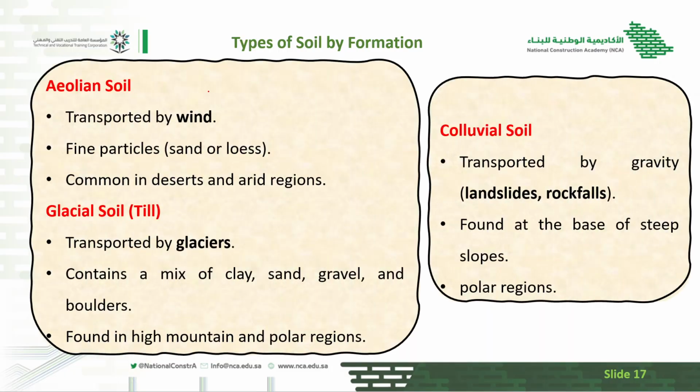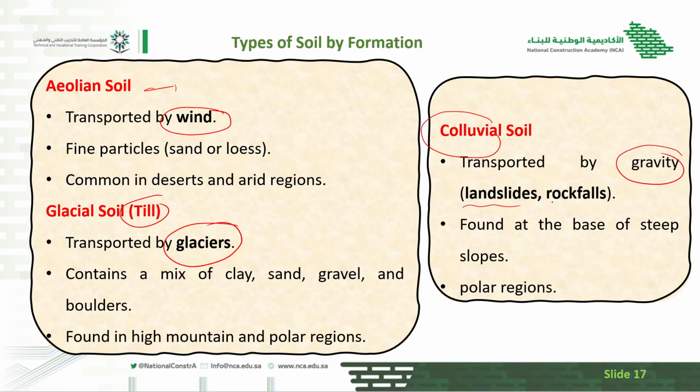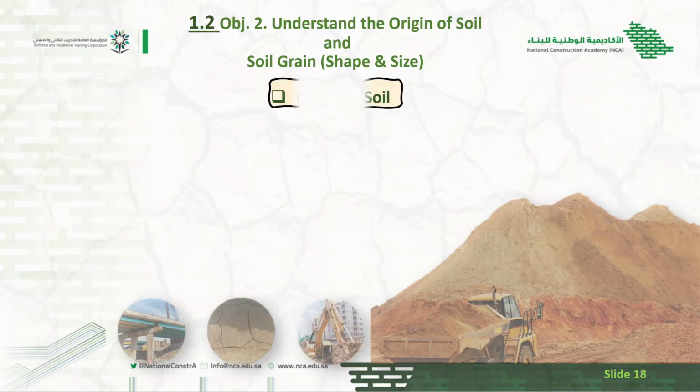The other one is aeolian soil, which is transported by means of wind. The other one is glacial or till soil, which is transported by glaciers. And the fourth one is colluvial soil, which is transported by gravity, like landslides.